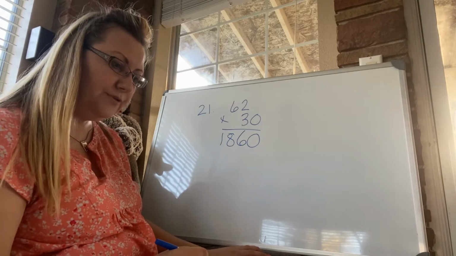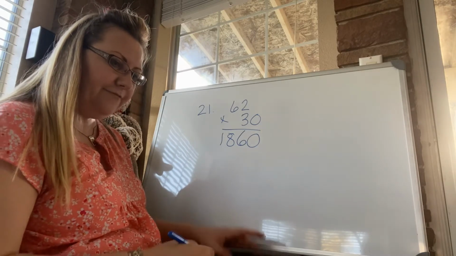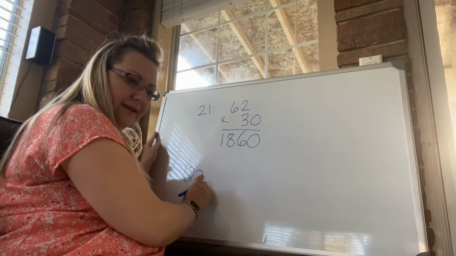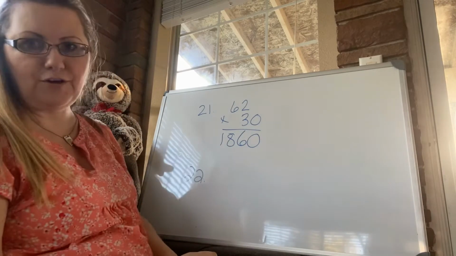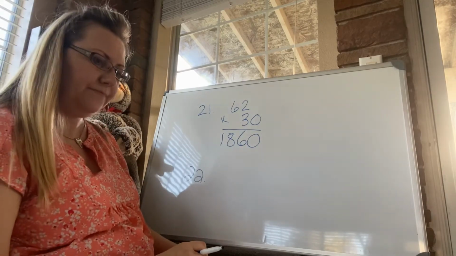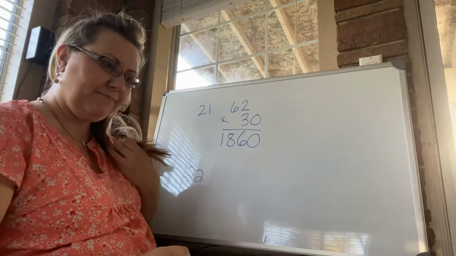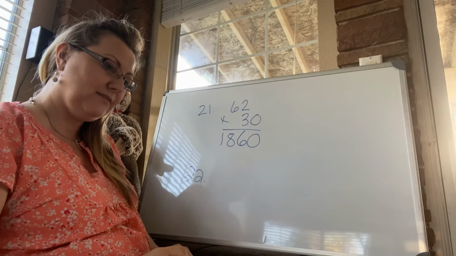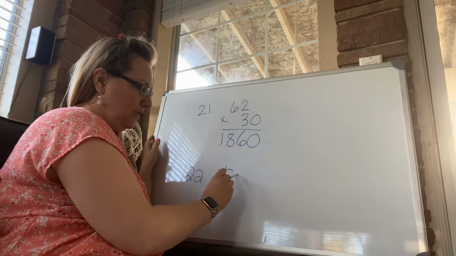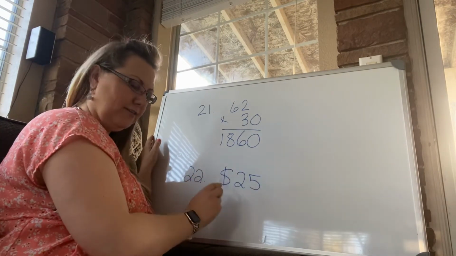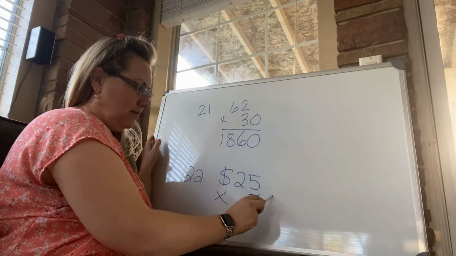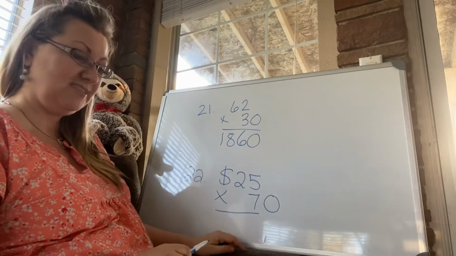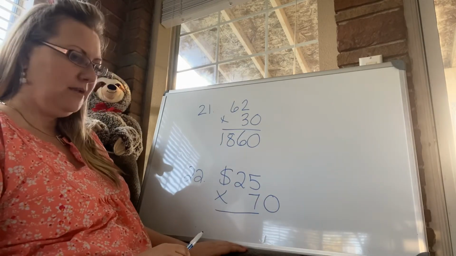Number 22. Let's see, I'll do it down here, 70 times $25. Now this is again where it makes sense to say $25 times 7 with that 0 off to the side. $25 times 70, multiple of 10.